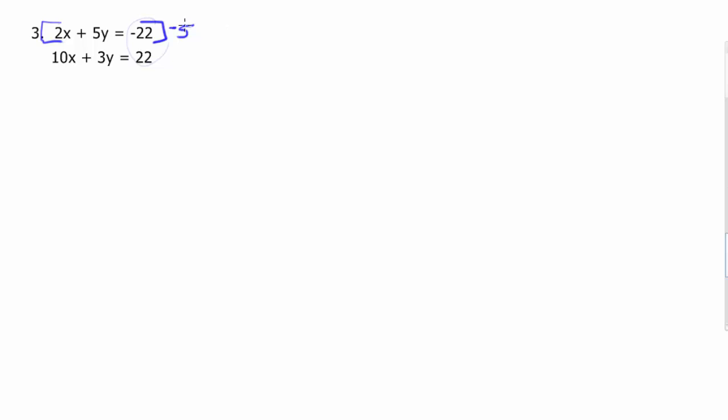So if we multiply everything by negative 5, we get negative 10x minus 25y equals positive, what does that end up being? Wait, I'm on the wrong page. Positive 110. Okay, that's our first one. Here's our second one.